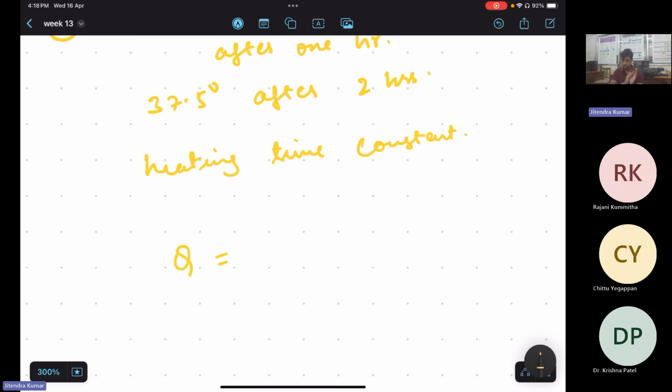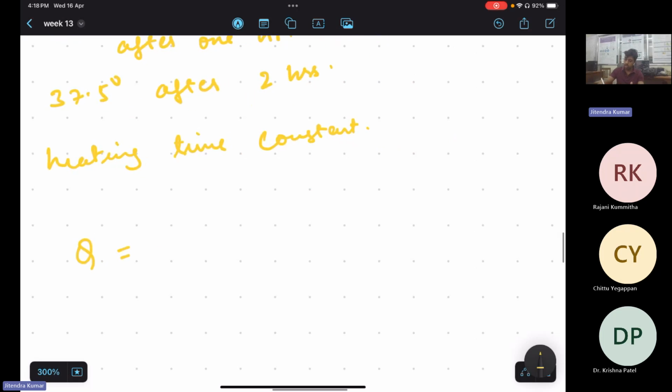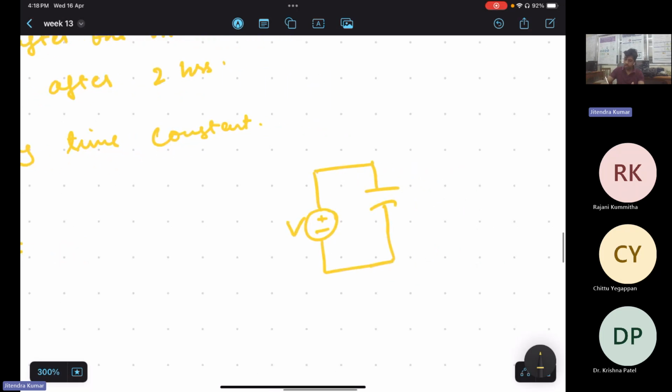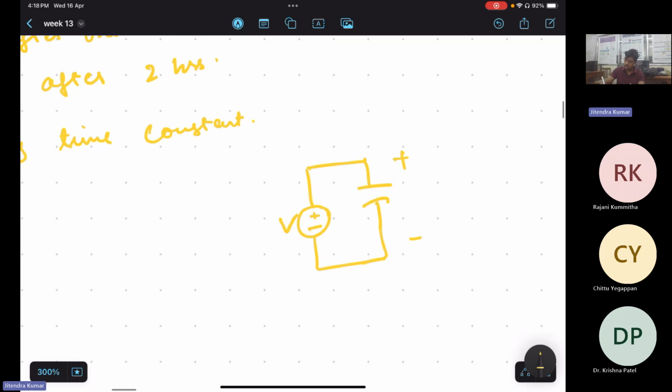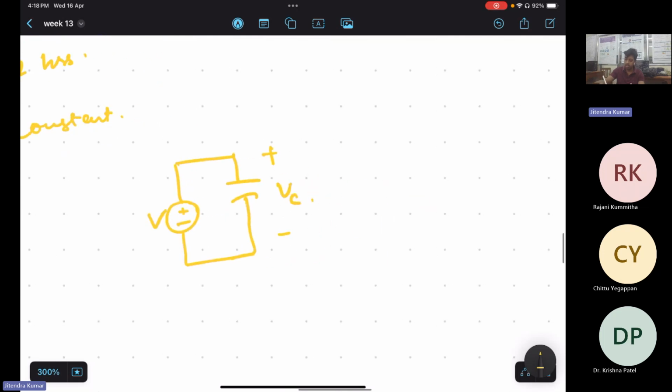If you have applied a potential across the capacitor, how will this VC increase?